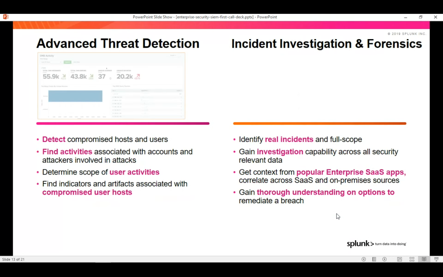Advanced threat detection. They have dashboards as well to detect attacks which use legitimate protocols like DNS and try to manipulate them, and they provide you with information on the impact. In this case, you can see the total number of compromised hosts and users, and determine the scope of user activities, like how many failed logins have happened and on which machines.